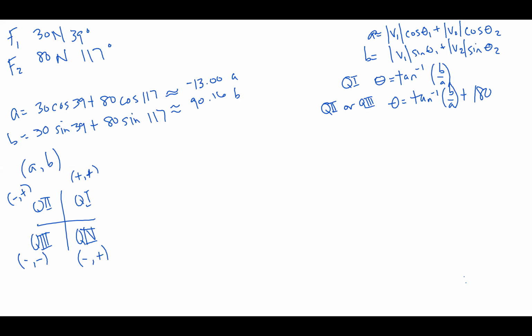Then if we're in quadrant 4, it's the same as the other one, only plus 360: tangent inverse of B over A plus 360.